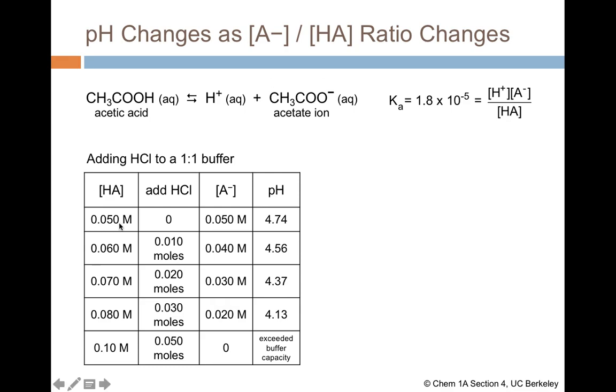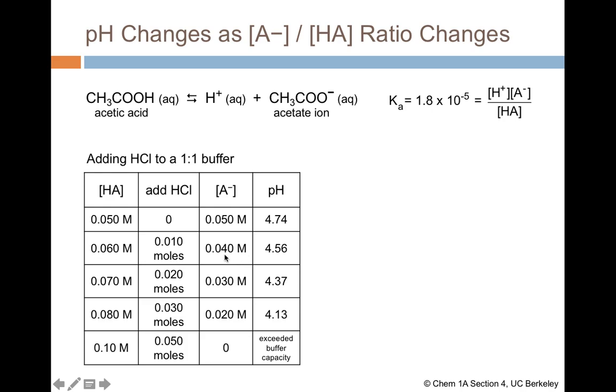We start from that equal amount of HA and A-, giving us a pH equal to the pKa of acetic acid of 4.74. But when we add 0.01 moles of HCl, that's going to deplete some of our A- as the reaction shifts towards the HA reactant. So now we have more HA than A-.